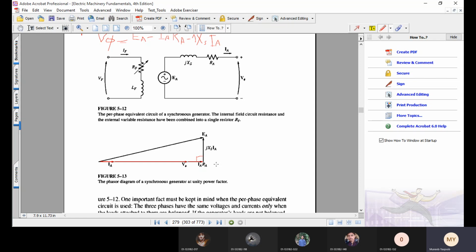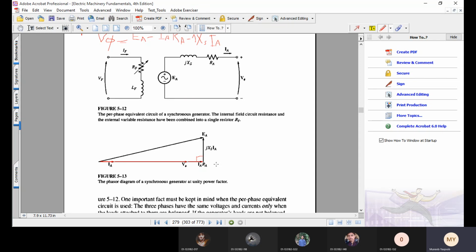So the voltage drop across the inductance must be 90 degrees ahead of the voltage drop across the resistance. Therefore, J XS IA is plotted 90 degrees ahead of IA RA. That is, the angle between IA RA and J XS IA is 90 degrees. Finally, what is EA? It is the resultant vector of the three vectors V phi, IA RA and J XS IA.